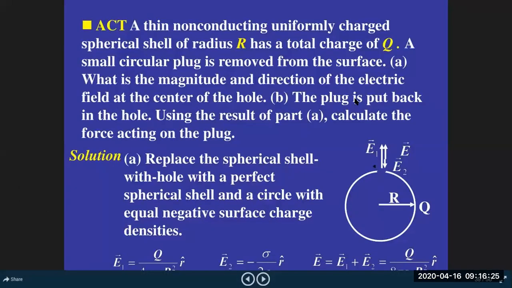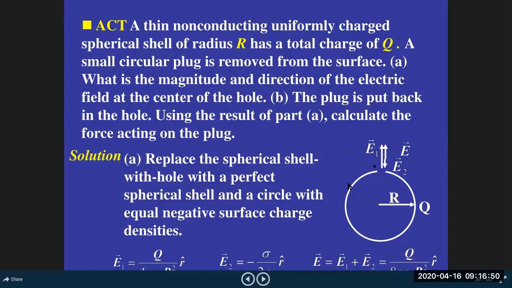The plug is put back in the hole. Whatever part was removed is brought back to the hole. So using the result of part A that you have got, calculate the force acting on the plug.